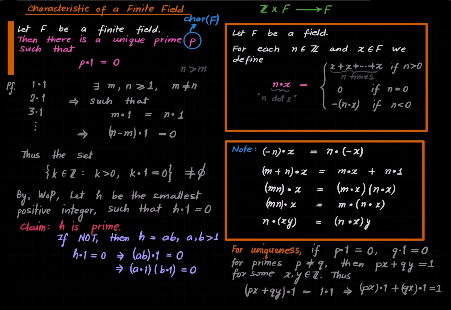We just want to show that this equation holds for all integers n and for all field elements x and y. And you can see this immediately if n is positive. Say for example n were 2, then what is the left hand side? It is xy plus xy, which you can write as x plus x times y, right? Which is just 2 dot x times y. So again, it's a triviality.